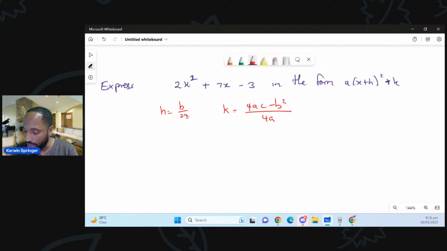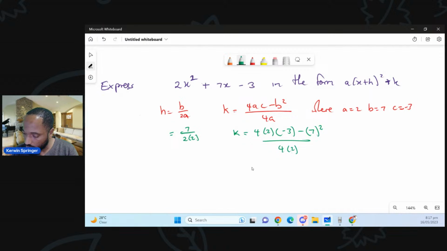So you substitute where a is 2, b is 7, and c is negative 3. Substituting, you get h equal to 7 over 2 by 2, and k is equal to 4 by 2 by negative 3 minus 7 squared over 4 by 2.